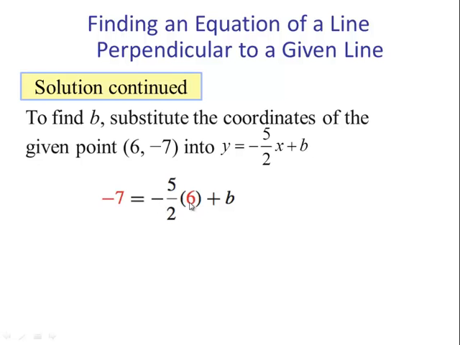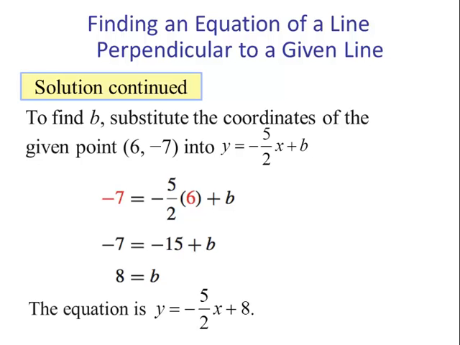Negative times positive is negative, so this product will be negative. 5 times 6 is 30. 30 divided by 2 is 15. So we have -7 equals -15 plus b. Add 15 to both sides, we have b is equal to 8. So the equation is y equals -5/2 x plus 8. Now we could verify this on a graphing calculator as we have done before.